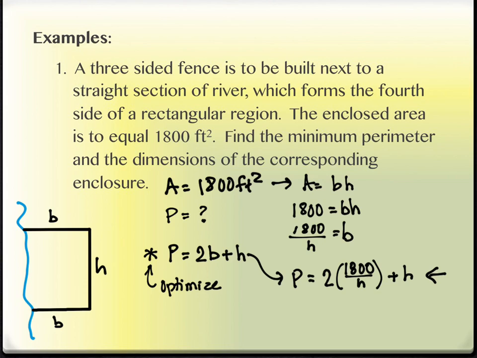So the first issue for h is that h has to be bigger than 0. Does that make sense? If h were 0, there would be no area, there would be no fencing, right? I mean, it wouldn't create an enclosure at all. So I need something that's bigger than 0. I can't have negatives, right? So that eliminates the negatives and the 0 at the same time.